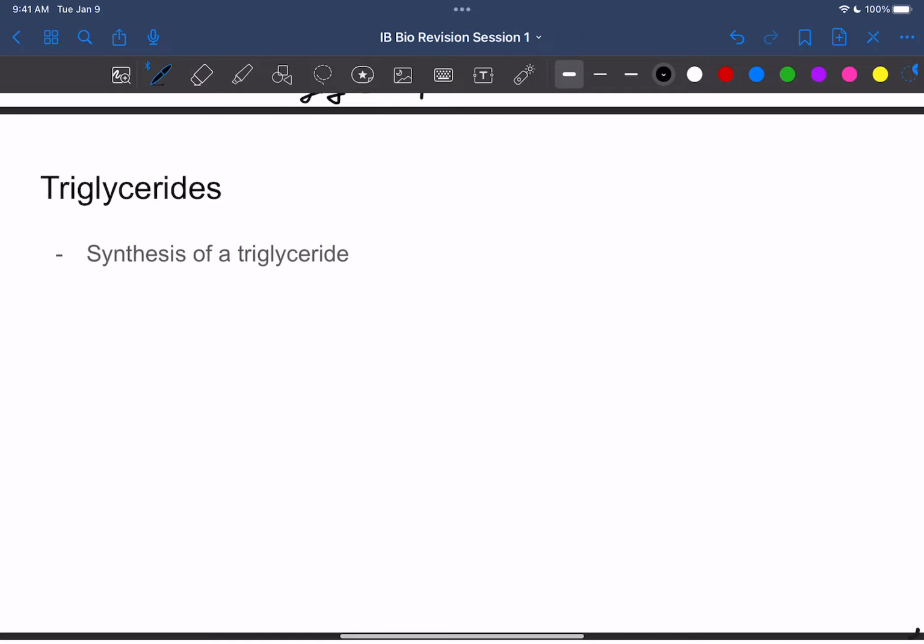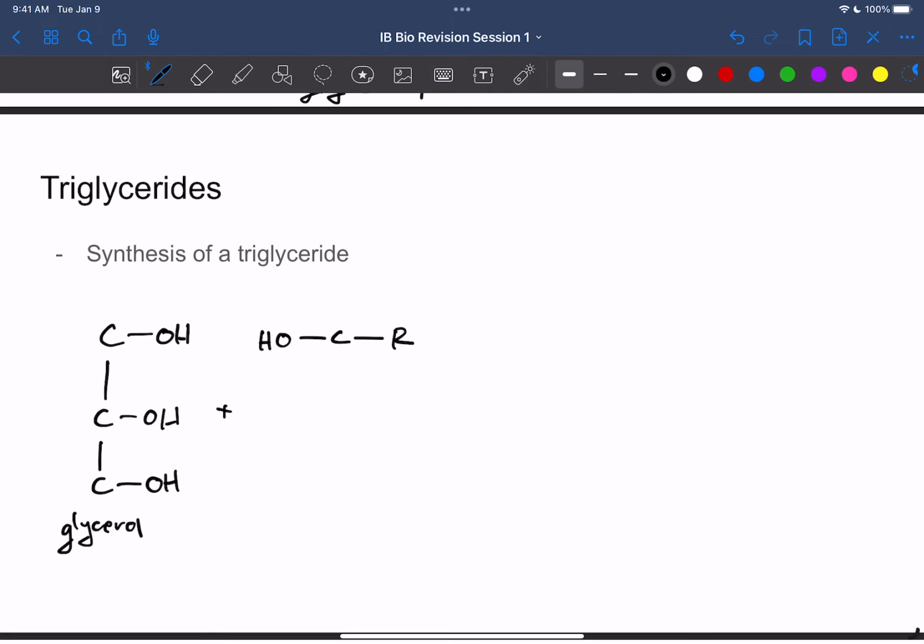Okay, now we're going to get into the synthesis of a triglyceride. And I think you might have to be able to recognize this on an exam. So I'll draw this in terms of carbons. So this is glycerol right here. And this is going to react with three fatty acids.